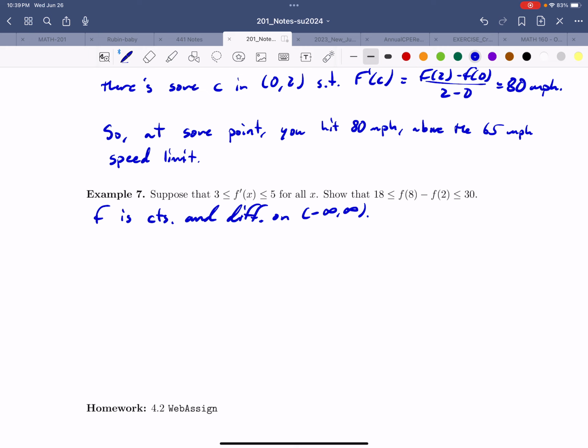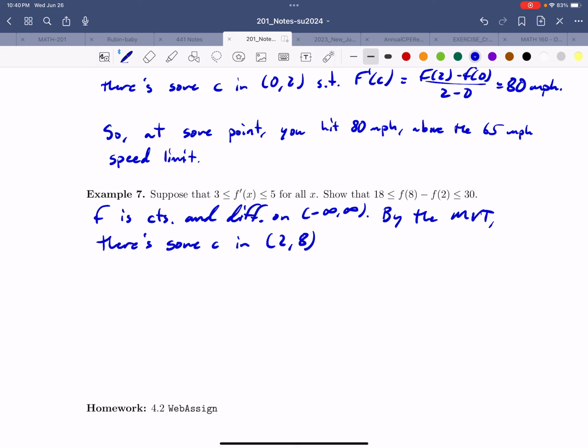Right? So we can use the mean value theorem. So by the mean value theorem, MVT, there's some c in the interval, I guess it's going to be 2 to 8, right?